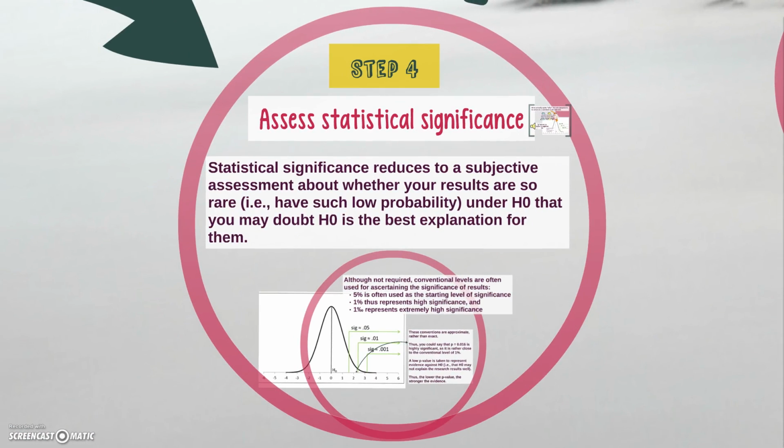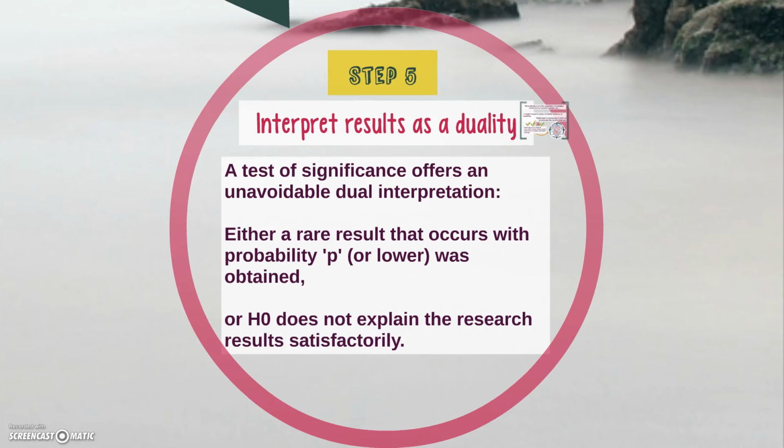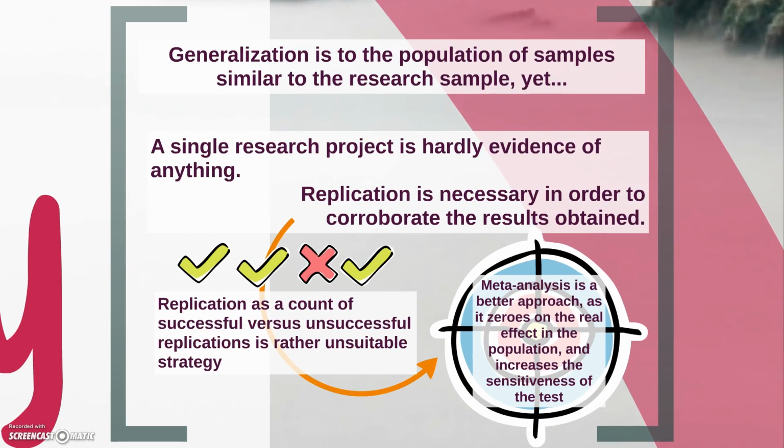And finally, we have the interpretation of results, and that interpretation being a duality. Either something very rare happens but is still explained by the null hypothesis, or the null hypothesis doesn't explain those research results.